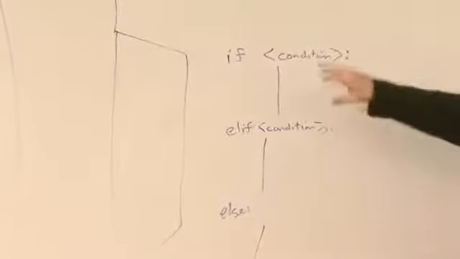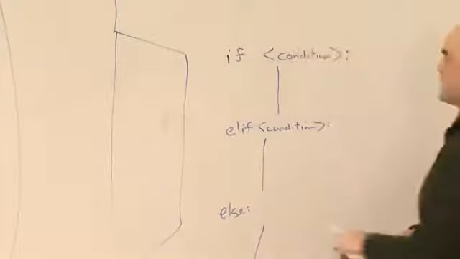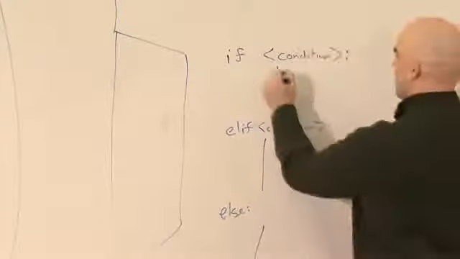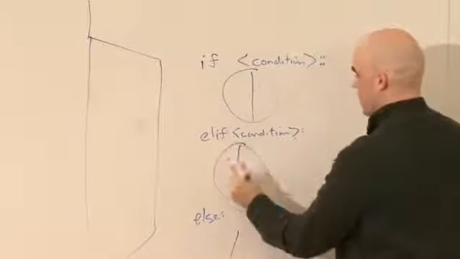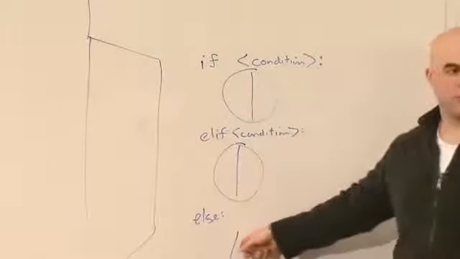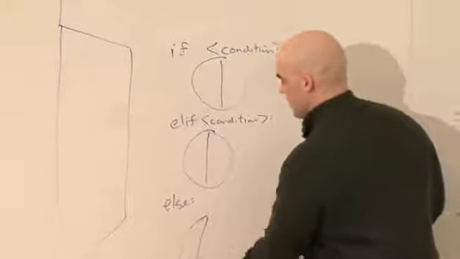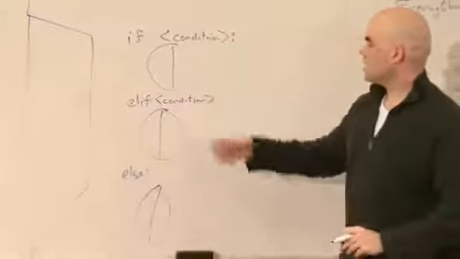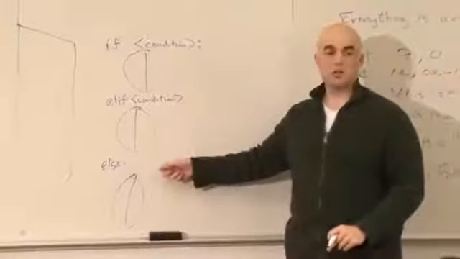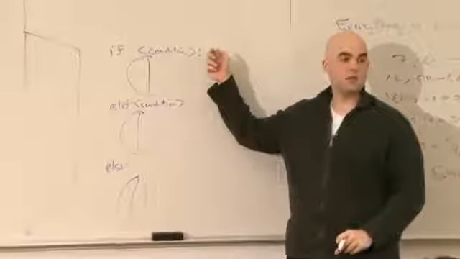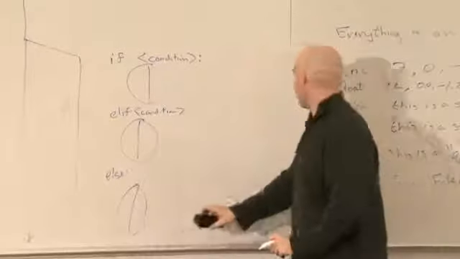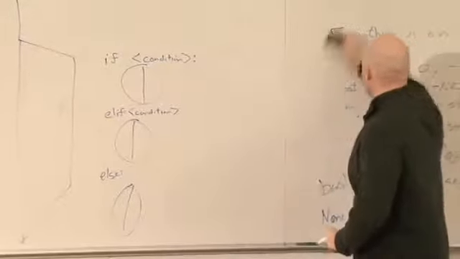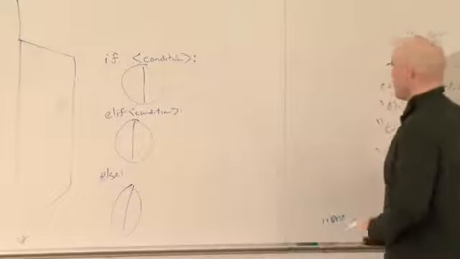It's saying, if this condition is true, I'm going to execute the code in this block. If this condition is false, and this condition is true, then I'm going to execute the code here. And if none of those were true, then I execute what's here. You don't need to have an elif, and you don't need to have an else. You can just have an if, or an if and an else. So there are three versions of this branching.